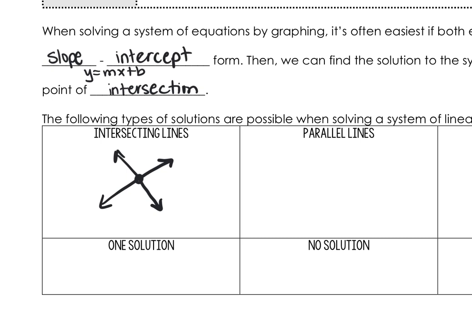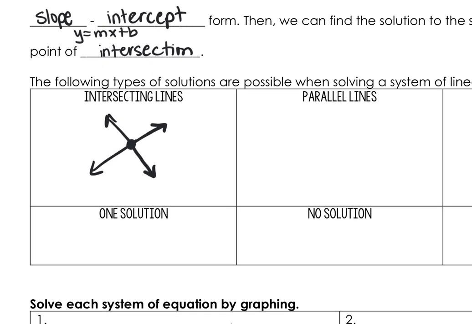If you draw your graphs and they cross at one point, whatever the x, y pair of that point is, that is your one solution. There's one solution to that system, and it's the point where they cross. A lot of you were already doing this yesterday with that activity. You figured it out: I'm looking for the point where they cross, and that point is the solution.